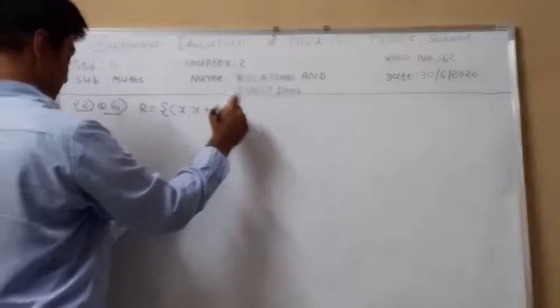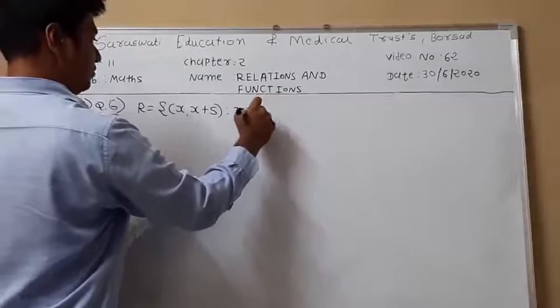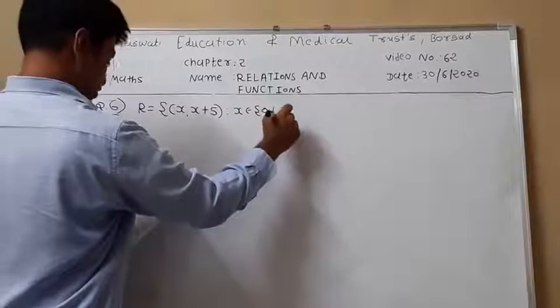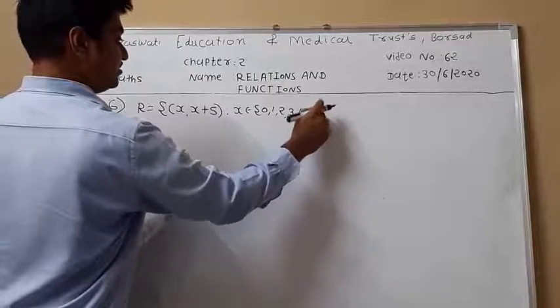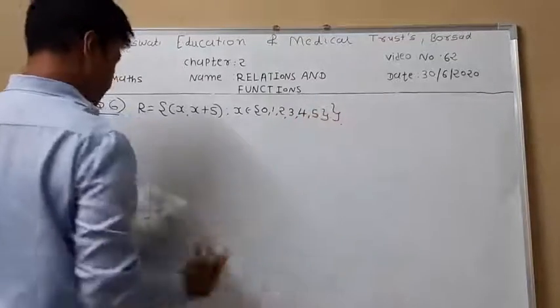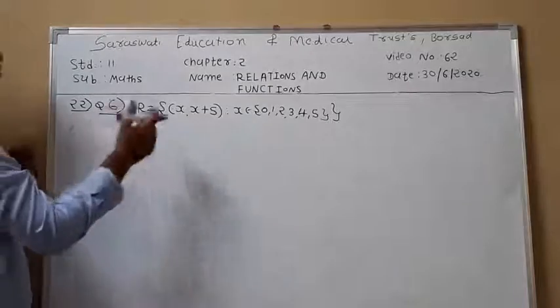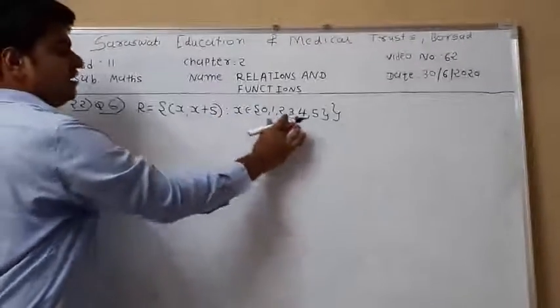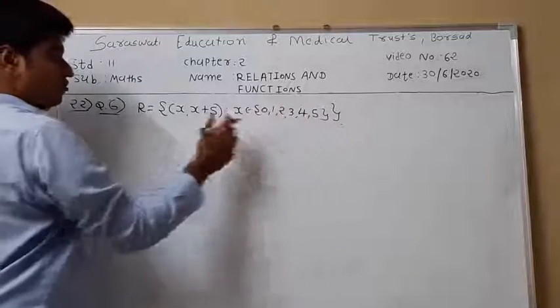The condition is x belongs to the set of 0, 1, 2, 3, 4, 5, set over. And our question is to find the domain and range. So first of all, in set X total 6 elements are present, right? 0 to 5, that means 6 elements are present.